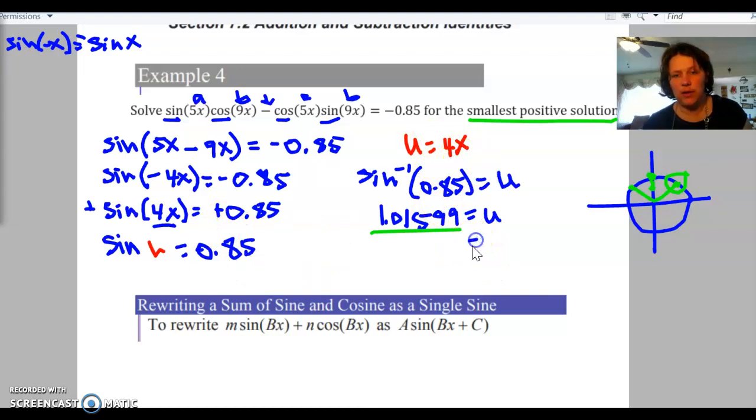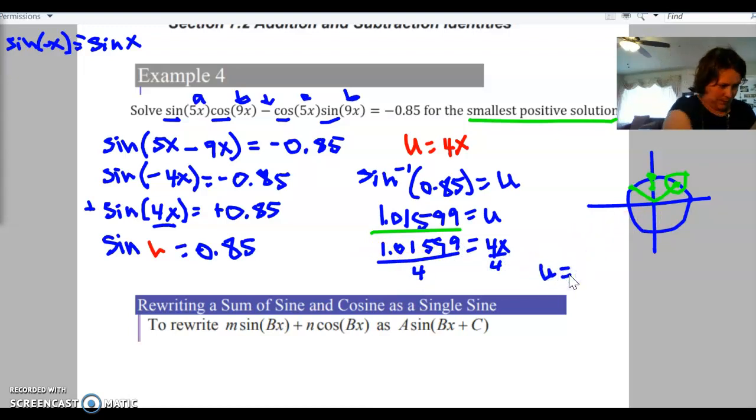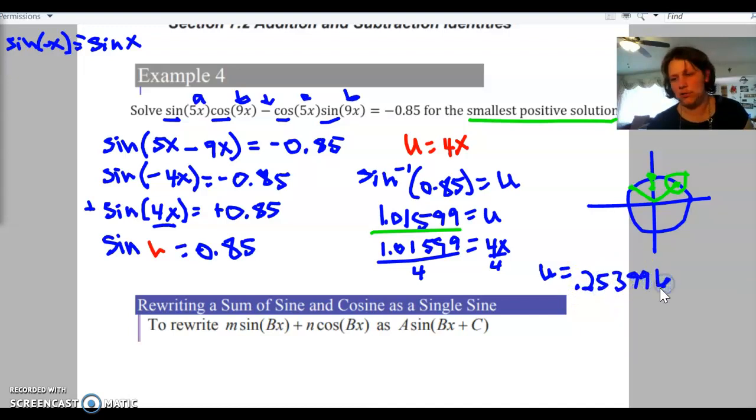We know that u is equal to 4x, so set that number equal to 4x and divide both sides by 4. We end up with our final answer of x equals 0.253996. You can round it off less than that, but that gives you the general idea, and that is how you solve those problems.